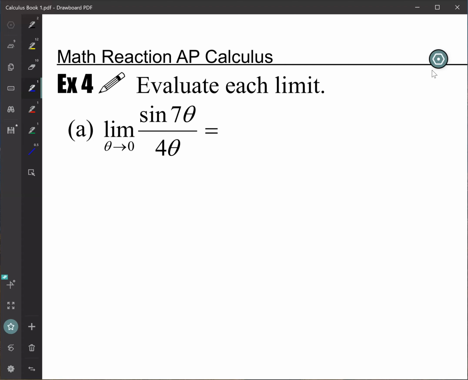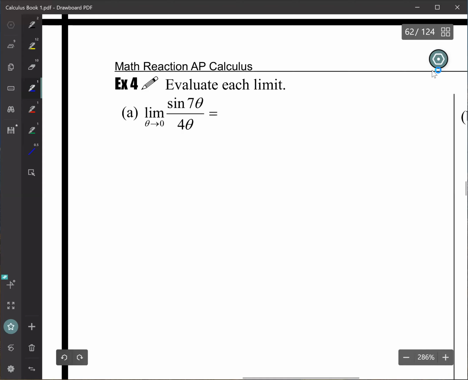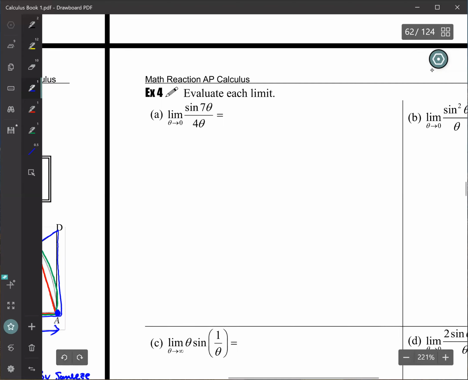But then sometimes you might get a decimal, and it's hard to put into fractions. So here is what we need to do. It looks very similar to our rule number 1.